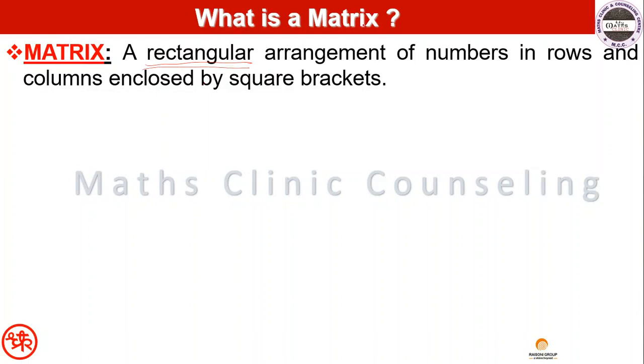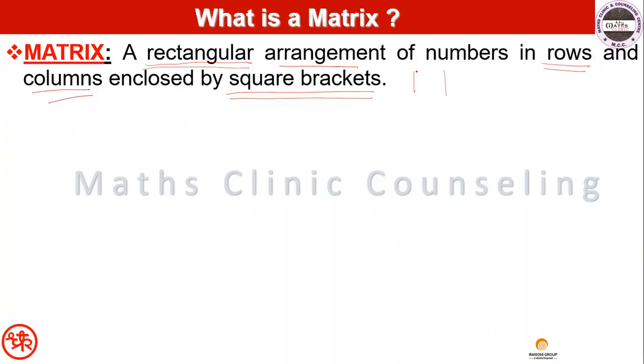A matrix is an arrangement of numbers in rows and columns enclosed by square brackets. Previously in a determinant it was enclosed by vertical bars.